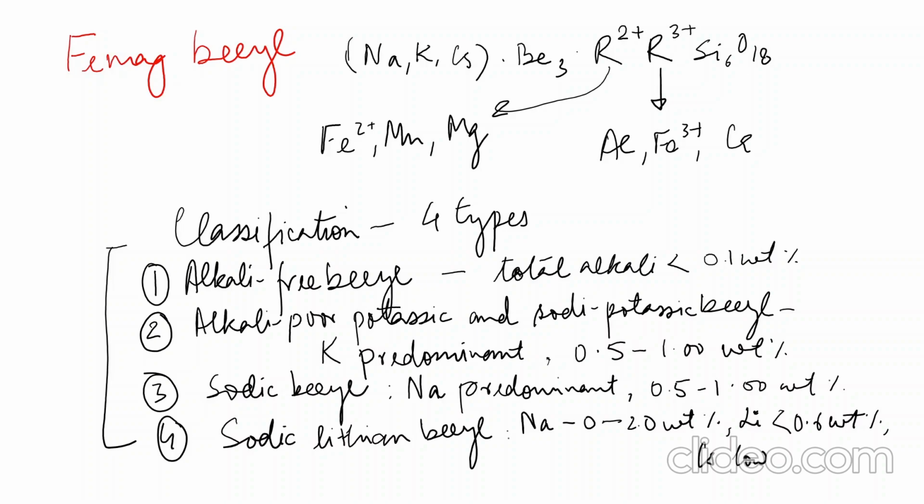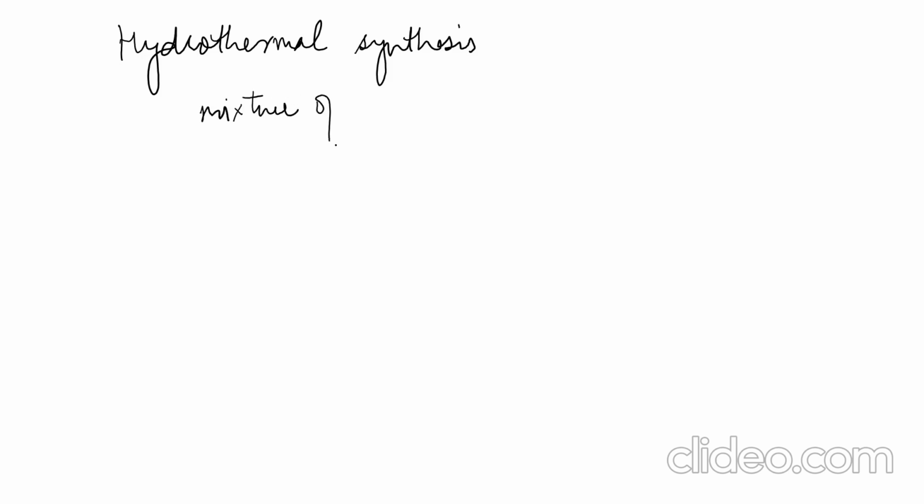Okay. All right. So moving ahead, as previously mentioned, beryl can be synthesized hydrothermally. So it's a type of hydrothermal deposit. Hydrothermal synthesis: here it is synthesized from a mixture of SiO2, Al2O3, and BeCO2.